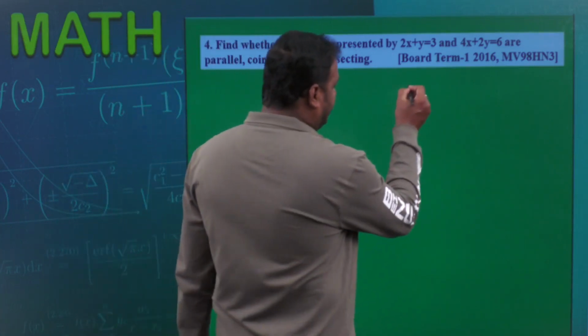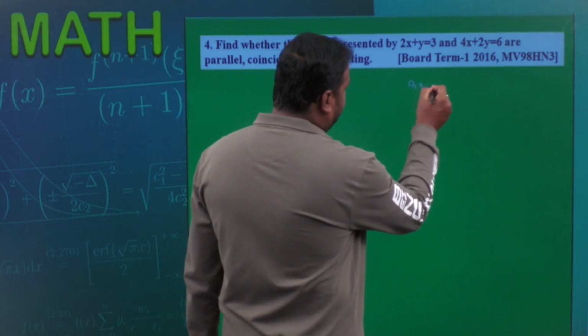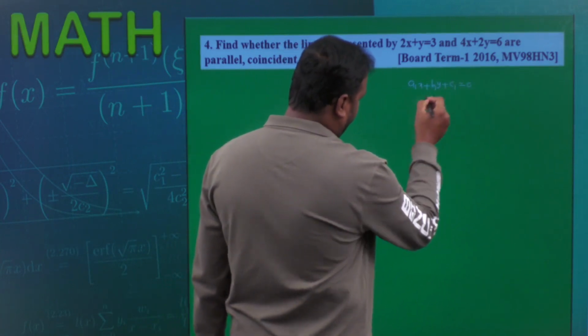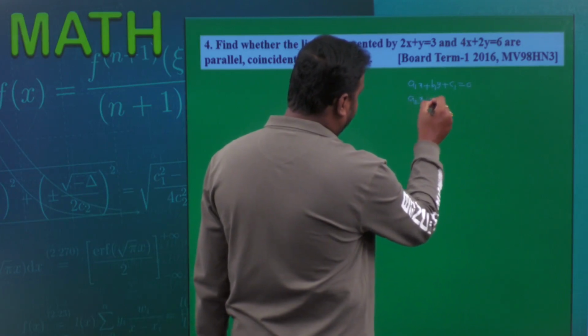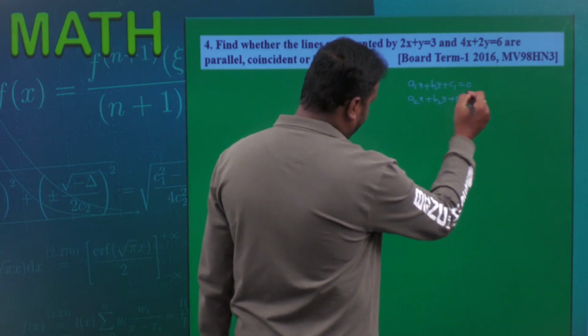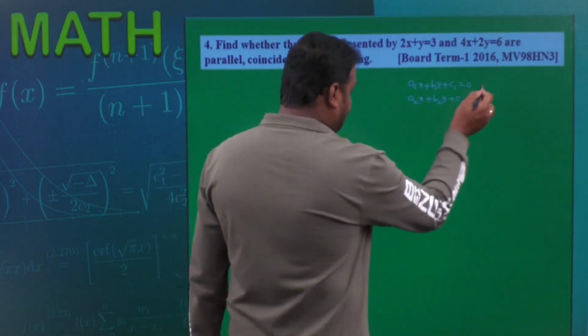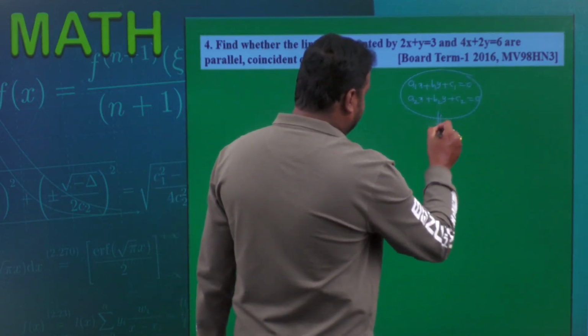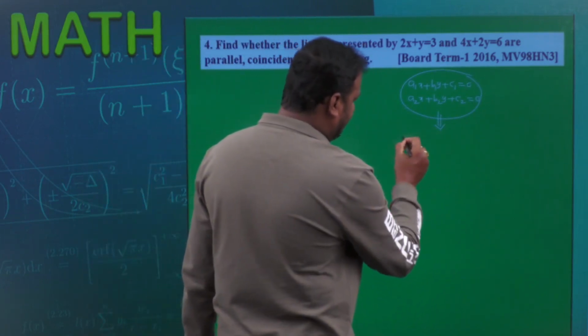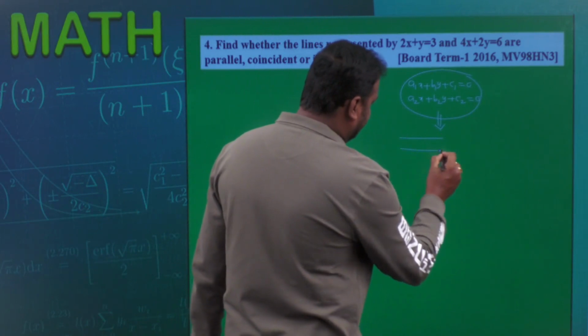See, the given two lines are a1x plus b1y plus c1 is equal to 0, and the second line is a2x plus b2y plus c2 is equal to 0. Now the first condition here is, since you are talking about parallel lines, the lines are said to be parallel. So these are the given lines.